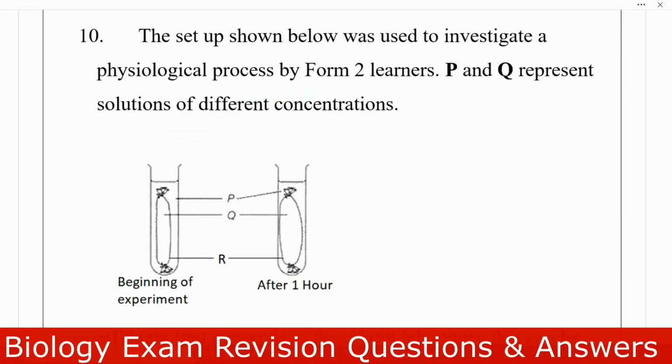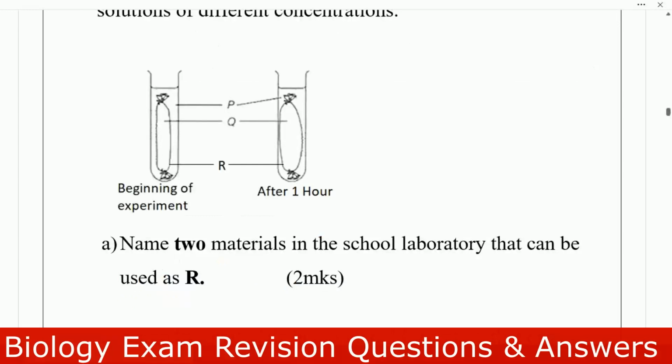Number 10. The setup shown below was used to investigate a physiological process by Form 2 learners. P and Q represent solutions of different concentrations. You can see it there.